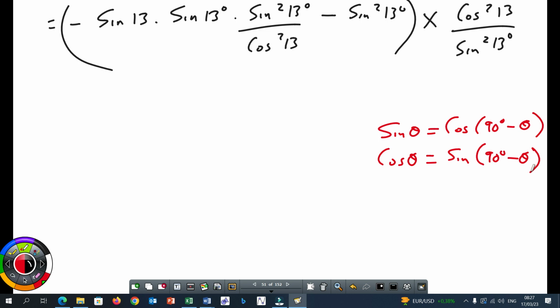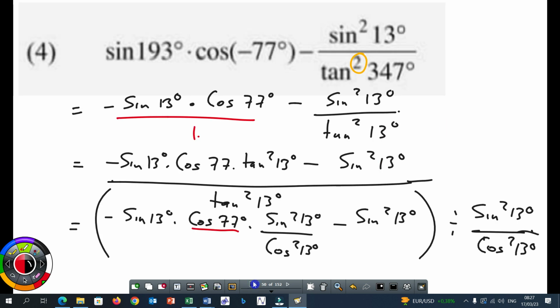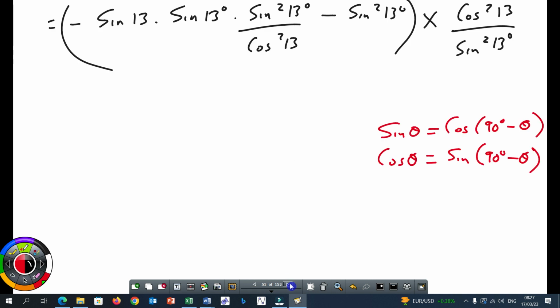I hope you saw how I end up converting this division here to multiplication. So I will divide it cos 77 by what? I use co-ratios to convert cos 77 to sine.